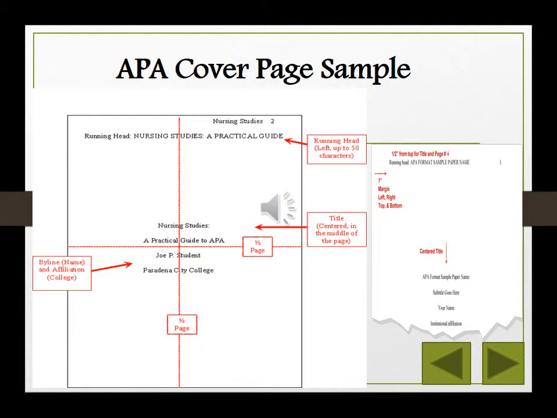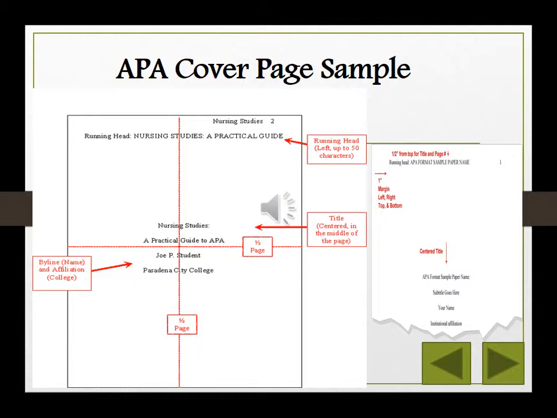Then you'll notice the name of the A Practical Guide for APA, the student's name, and the institution name, which is Pasadena City College. And if you look around on the sample, there is some boxes that have important information pointing to specific areas of that paper.